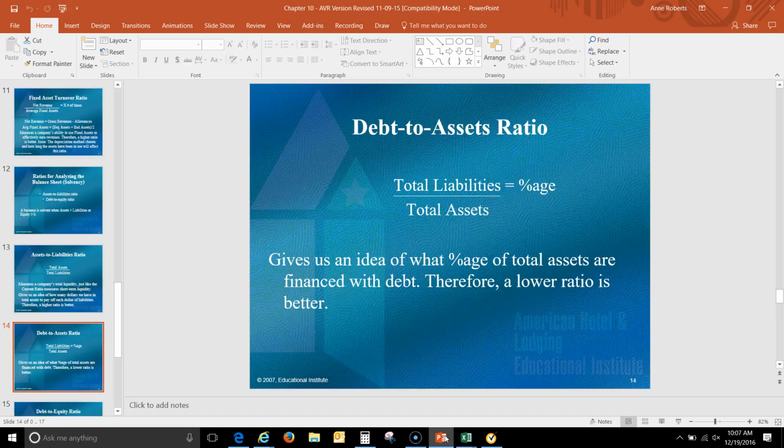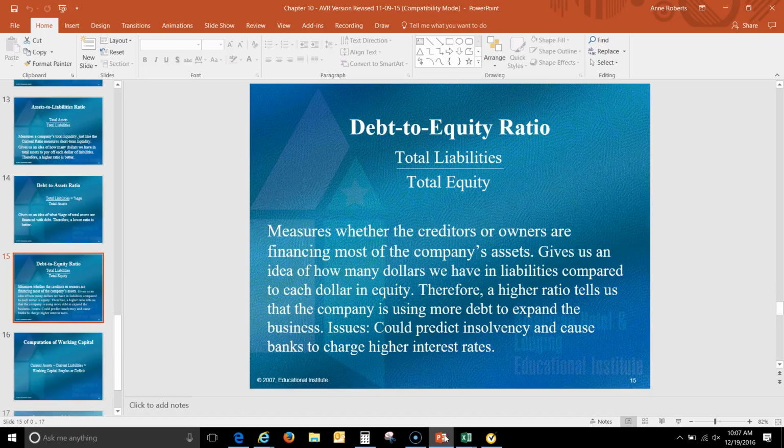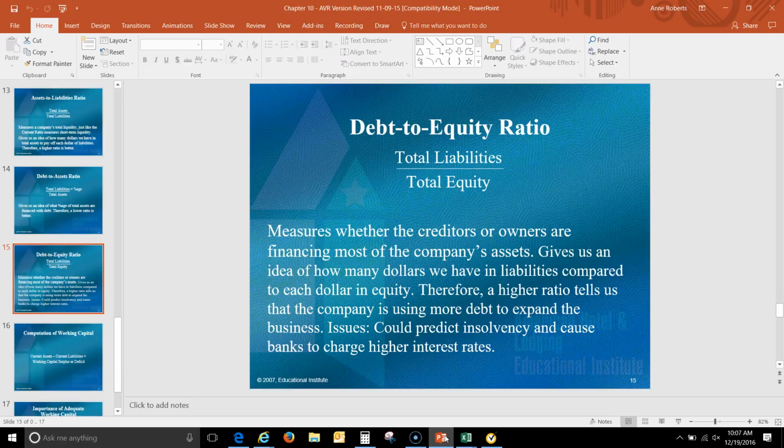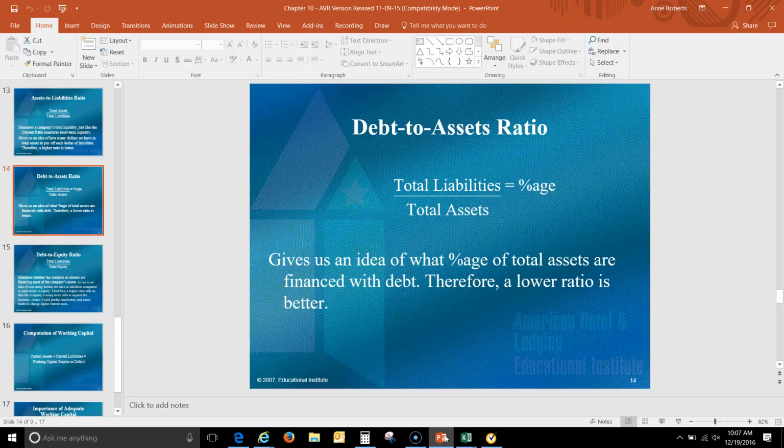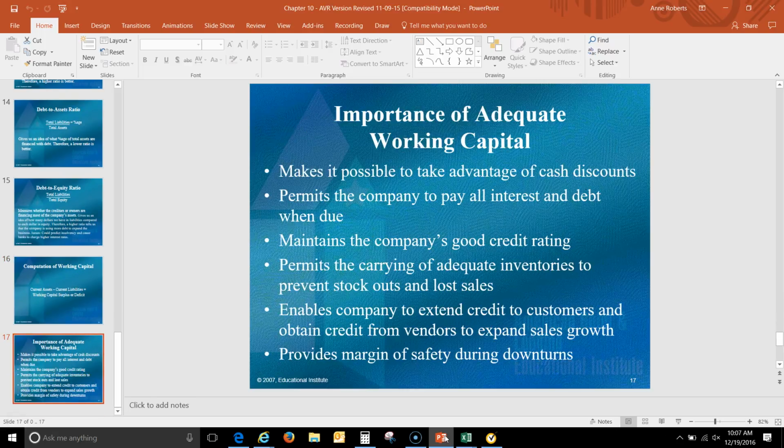Oh, the debt to asset ratio, the percentage. Lower is better there as well. Okay. So there's two of them in this particular chapter that lower is better.